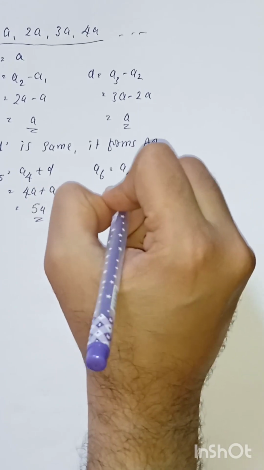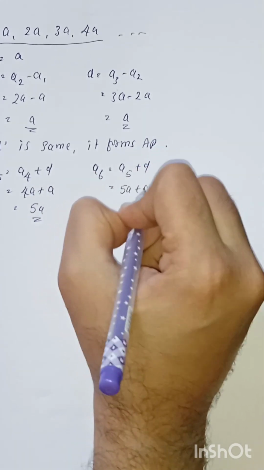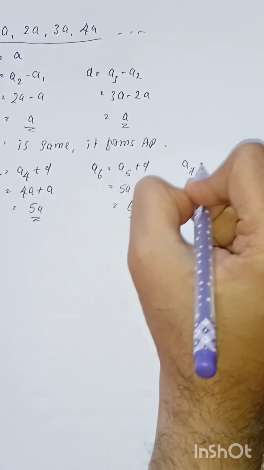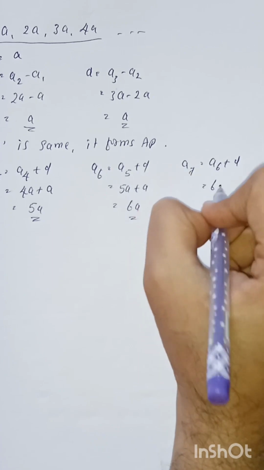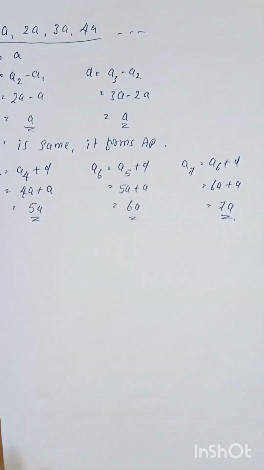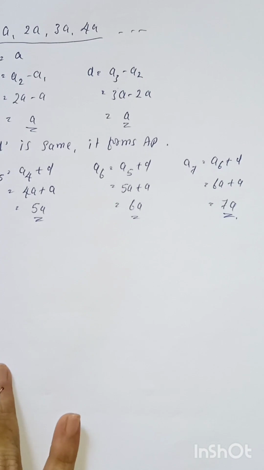A6, A5 plus D. What is A5? 5A plus A, that is 6A. In the same way, A7 equals A6 plus D. What is A6? 6A plus A, that is 7A. So fifth, sixth and seventh terms are 5A, 6A and 7A.